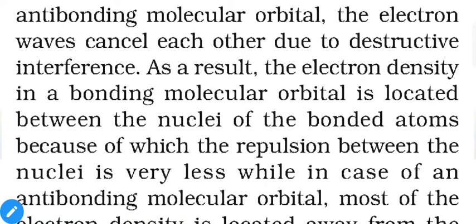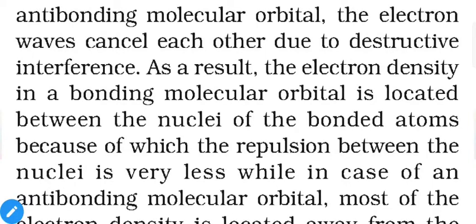These terms refer to the wave nature of electrons. As we already learned, interference is a wave property, and it happens when two different waves combine with each other. Sometimes they will support each other and sometimes they will oppose each other.